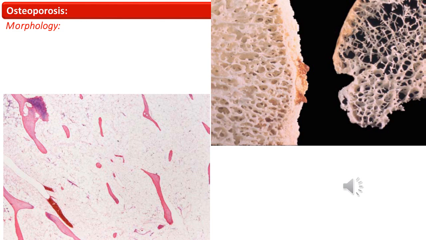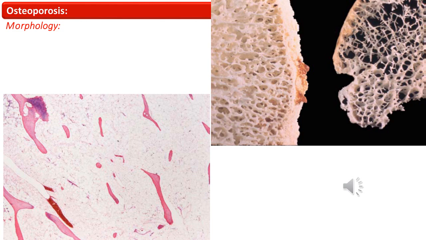In inactive osteoporosis, bone formation is minimal and reduced, with resorption of bone by osteoclasts. This is a low turnover osteoporosis. Osteoid is decreased, with increased width of the osteoid seam.